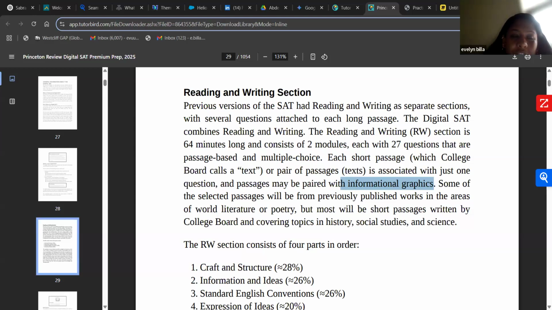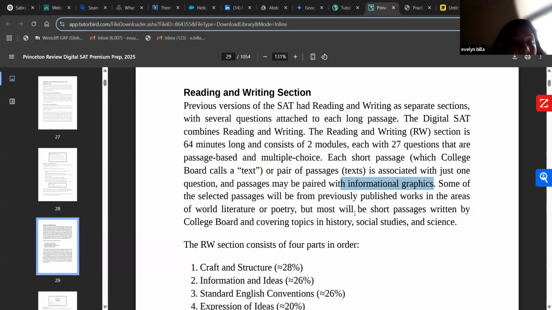Okay, is this everyone's first time doing a SAT? Okay. So informational graphs are something where you will have a question, and with that question, you will have a graph, and then you will have several questions, either 4 or 5. You're going to look at the graph and the question and then answer.